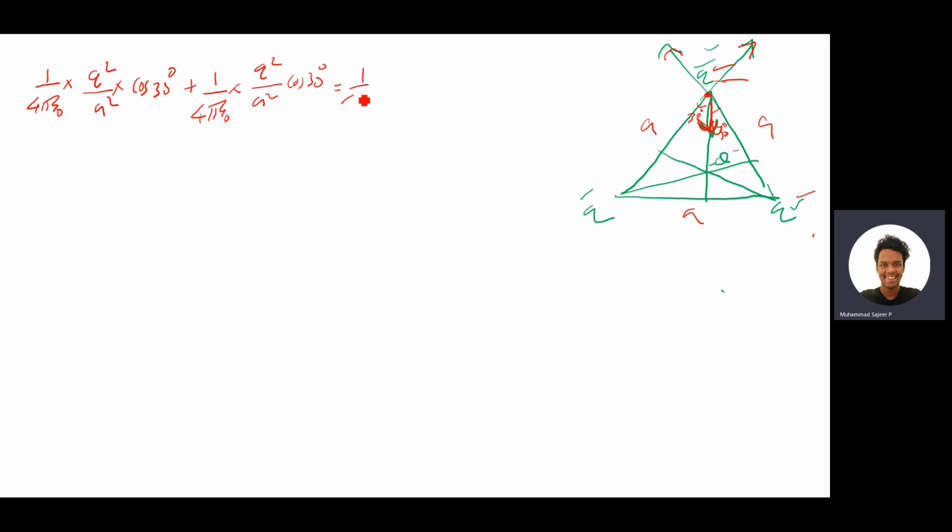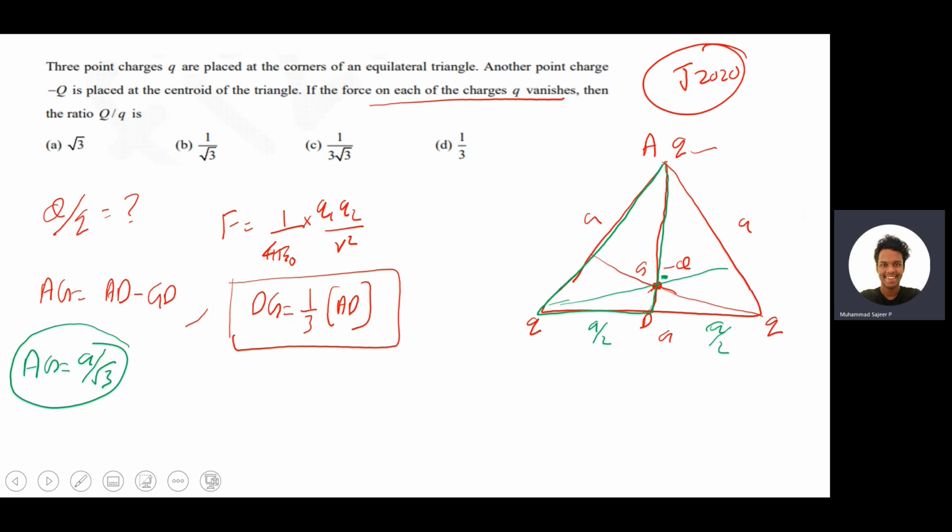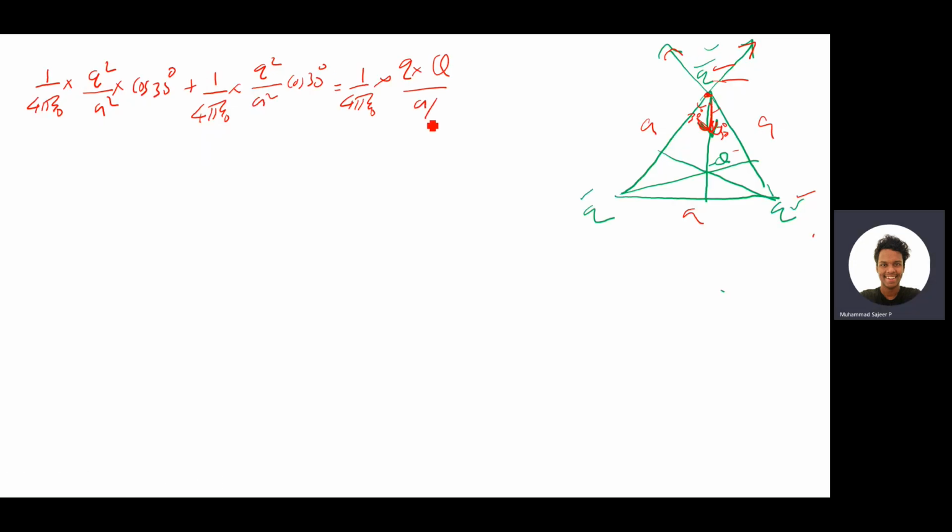So which is equal to 1 by 4 pi epsilon 0 q into q divided by the distance. We already measured this distance in the last one, a by root 3, you know, right? So a by root 3 whole square. Okay, now since we have 1 by 4 pi epsilon 0 everywhere, we'll cut it. We have q everywhere, so we'll cut it.